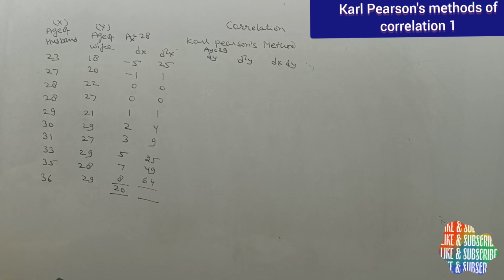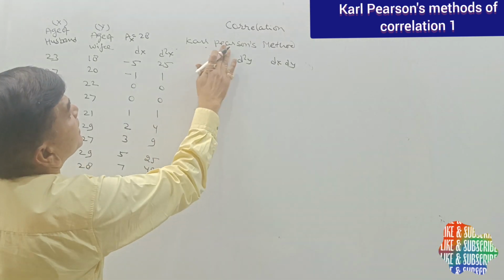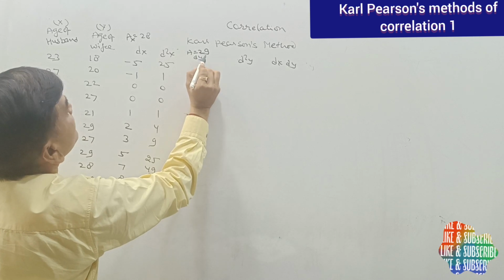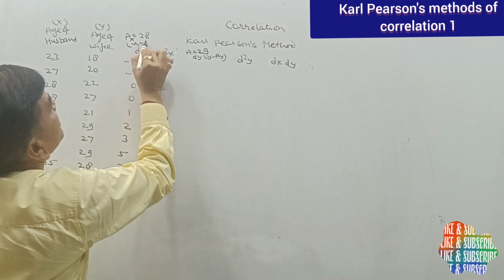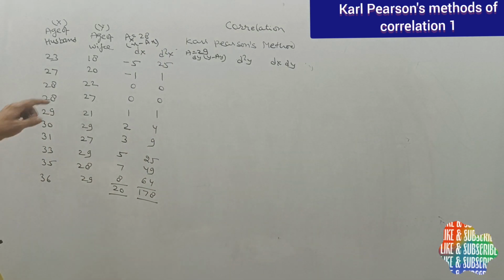Firstly, 25 plus 1 plus 1 plus 4 plus 9 plus 25 plus 49 plus 64. So that is 178. Now dy, the assumed mean is equal to 29. So dy is y minus the assumed mean of y, just as dx is x minus the assumed mean of x. So 29 we have assumed.